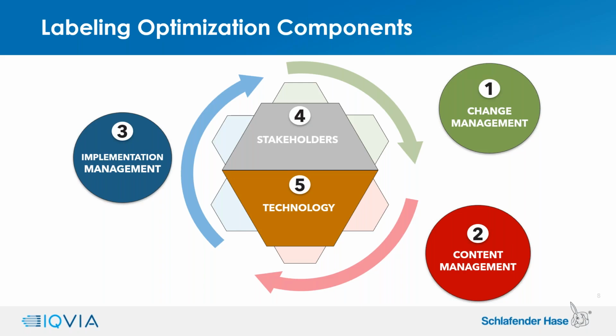So if we look at the industry standards, we recognize that there are three main functions or components within end-to-end labeling. There's the change management area, the content management, and the implementation management of labels. But we also need to be finely aware of the stakeholders and the technology involved.